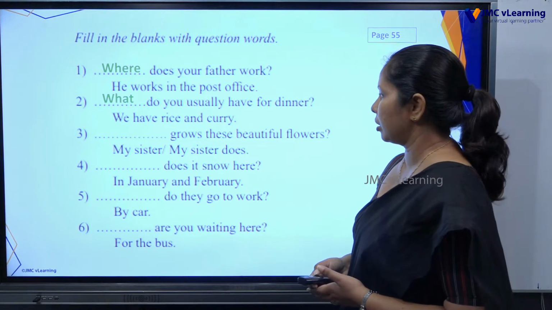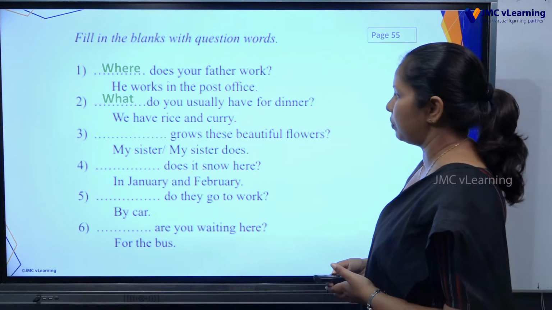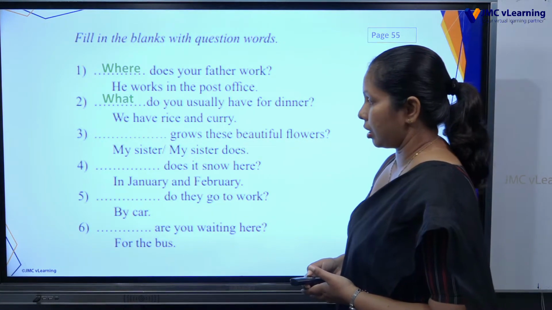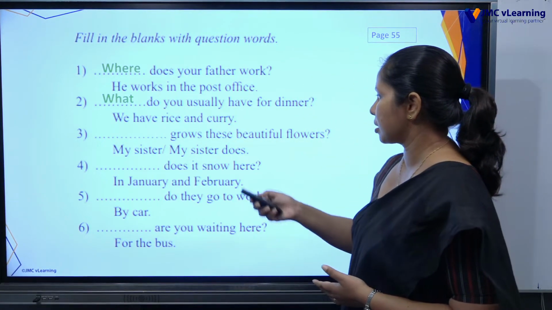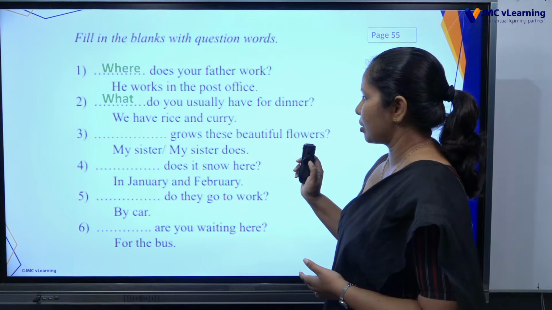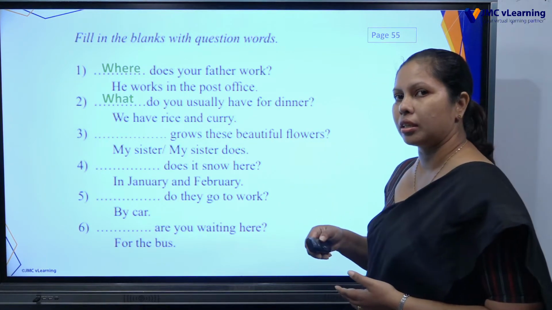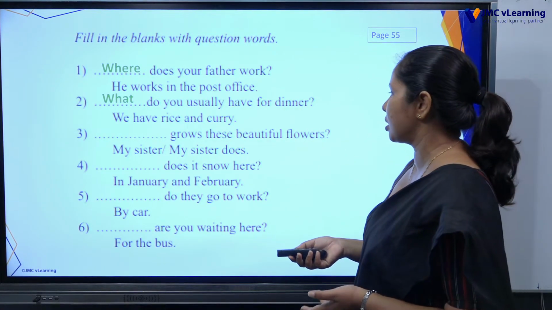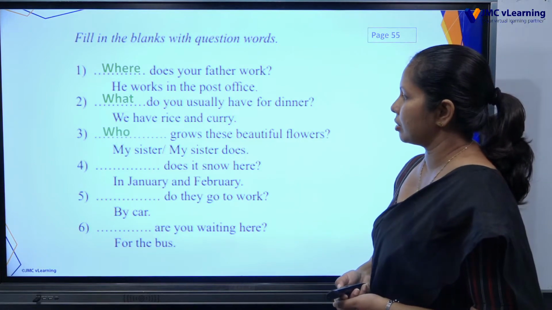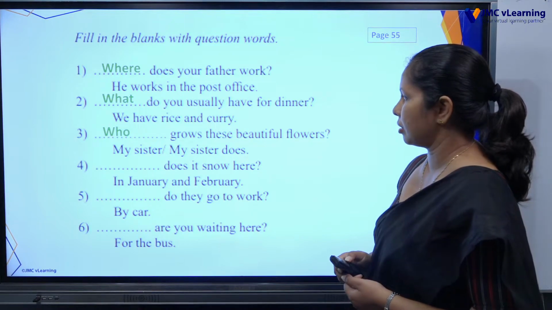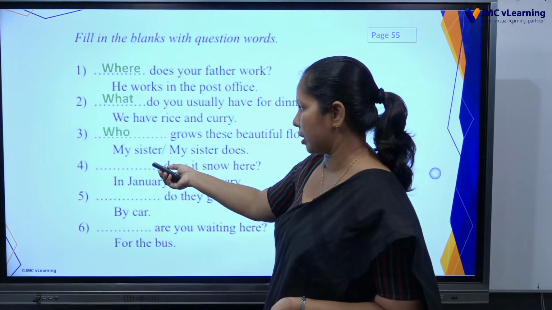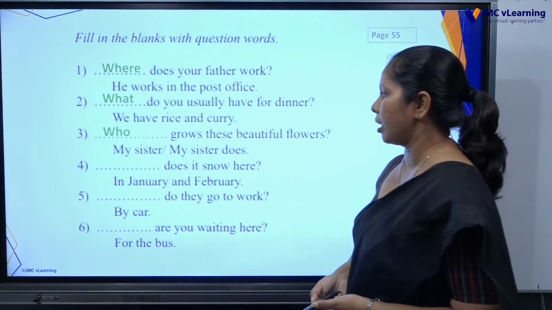The third one, who grows these beautiful flowers? The answer is my sister does. So, the question they ask, who grows these beautiful flowers? My sister does. You can just give the answer as my sister or my sister does.